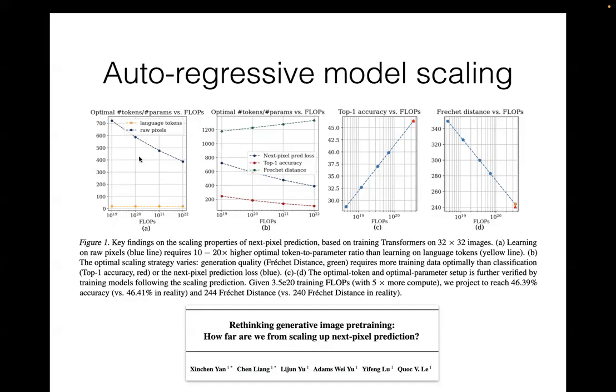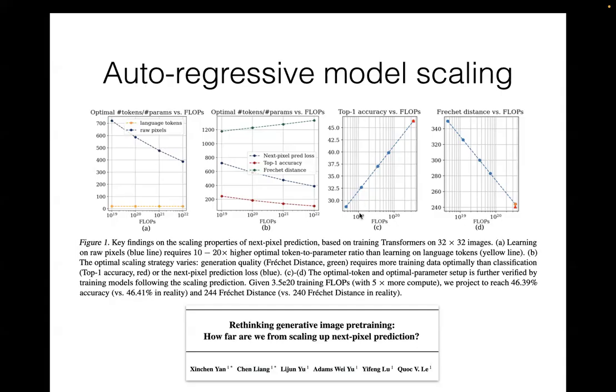Up here you could see language tokens versus these pixels, looking at the optimal number of tokens per parameter. What it's basically saying is you need a lot more tokens per parameter for images, possibly because, intuitively, there's a lot less information in a given pixel.